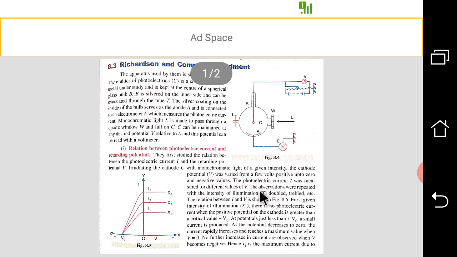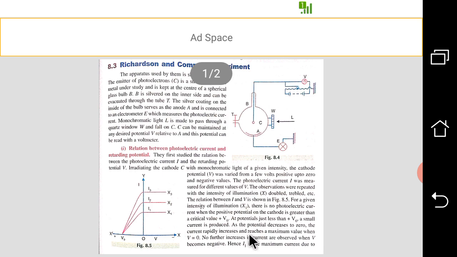Now, the relation between photoelectric current and retarding potential. They first studied the relation between the photoelectric current and the retarding potential V, irradiating the cathode C with monochromatic light of given intensity.